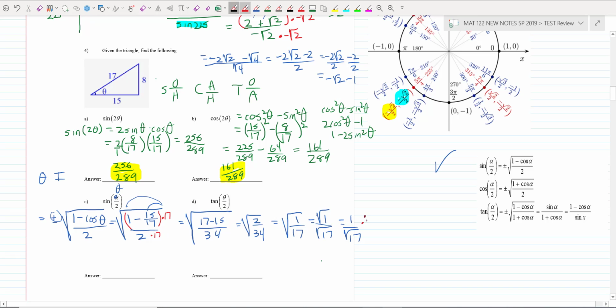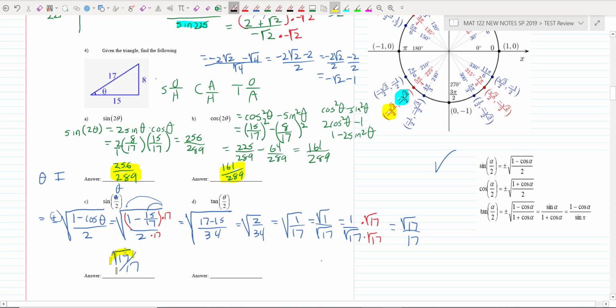So now I just multiply by root 17 over root 17. So the final answer is square root of 17 over 17. A little bit more algebra is typically involved in working with the half angle identities. So that'll give the answer to that.